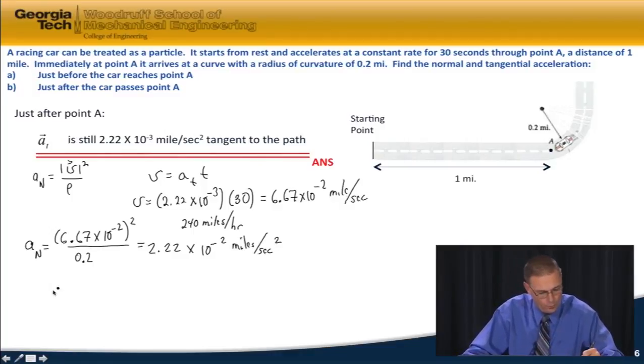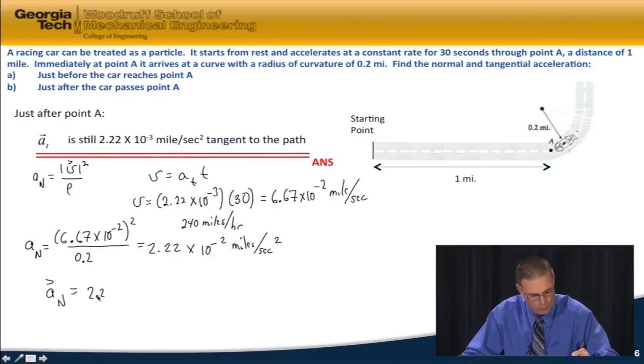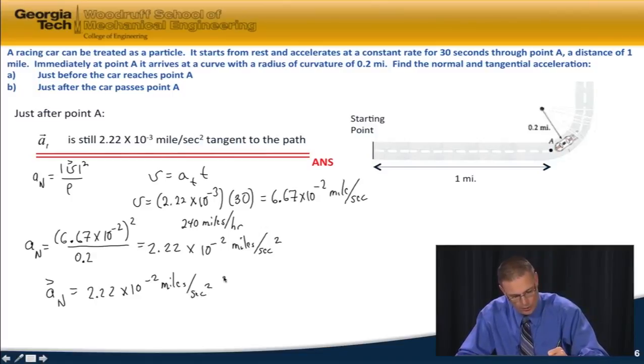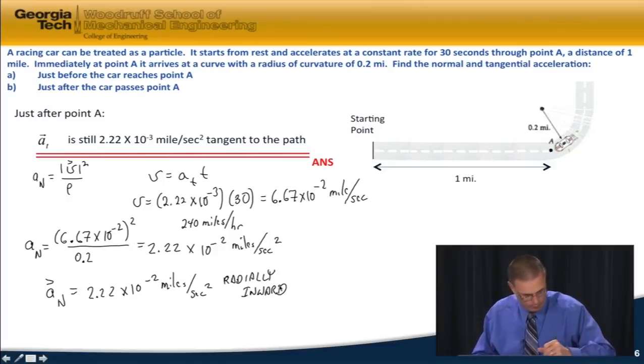And so we have then the normal acceleration as a vector is 2.22 times 10 to the minus 2 miles per second squared, and the direction is going to be radially inward. And so that completes the problem.